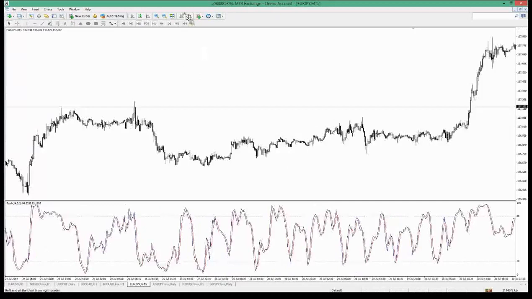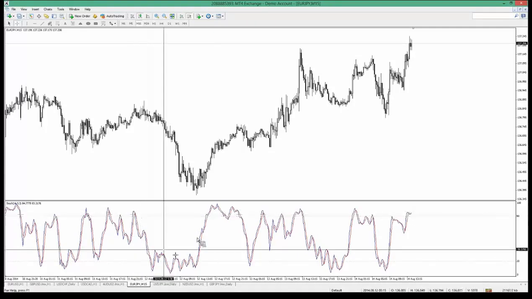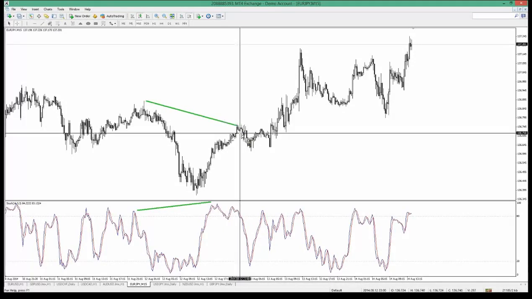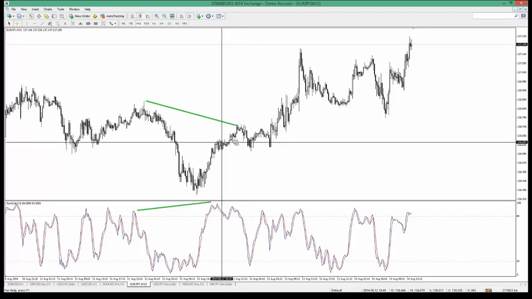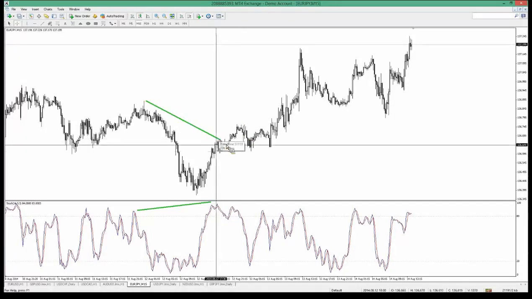We can use it on a 15-minute chart as well. Obviously we need to understand that the smaller the time frame, the more we are getting chopped up. It's more corresponding like that.